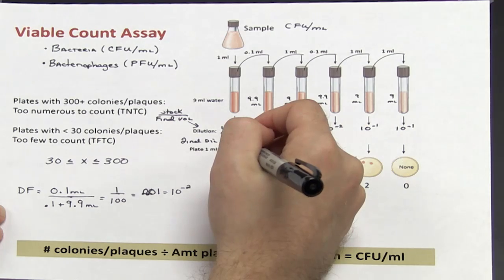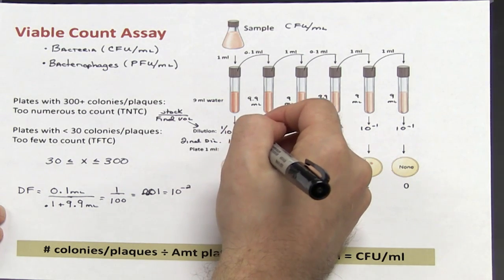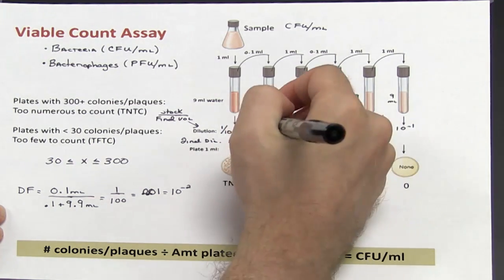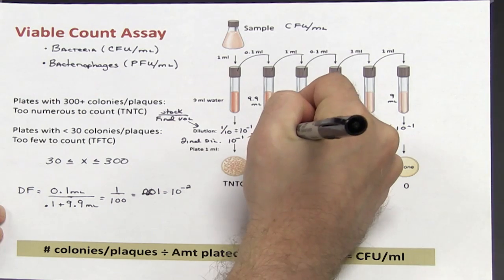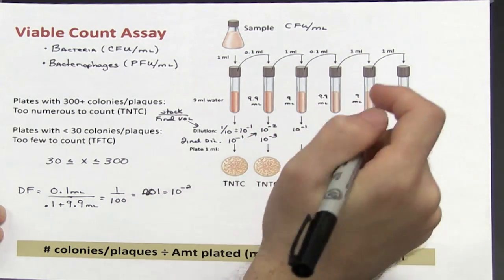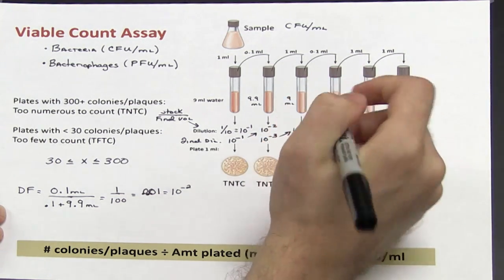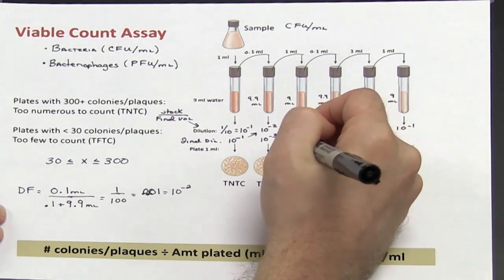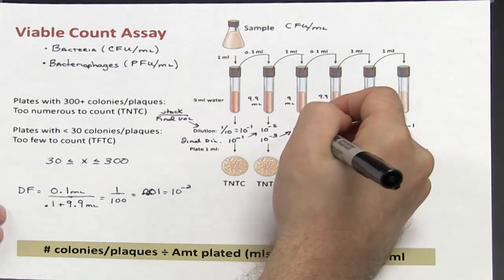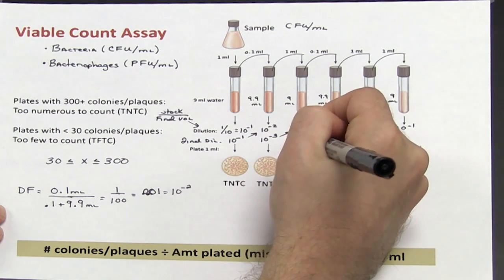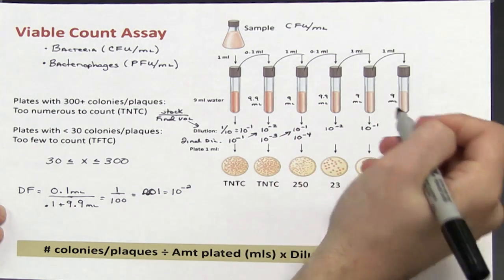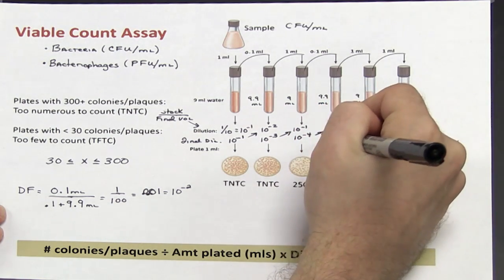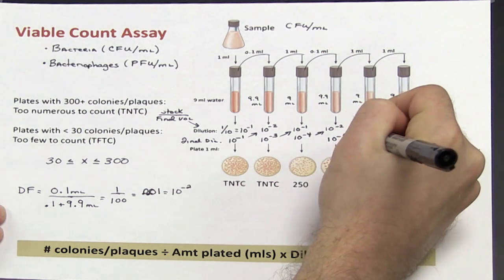In this case here, that gives us 10 to the minus 1 times 10 to the minus 2, or 10 to the minus 3. To figure out the next one, we multiply our final dilution by the next dilution made. So 10 to the minus 3 times 10 to the minus 1 is 10 to the minus 4. And I can continue doing that as such.